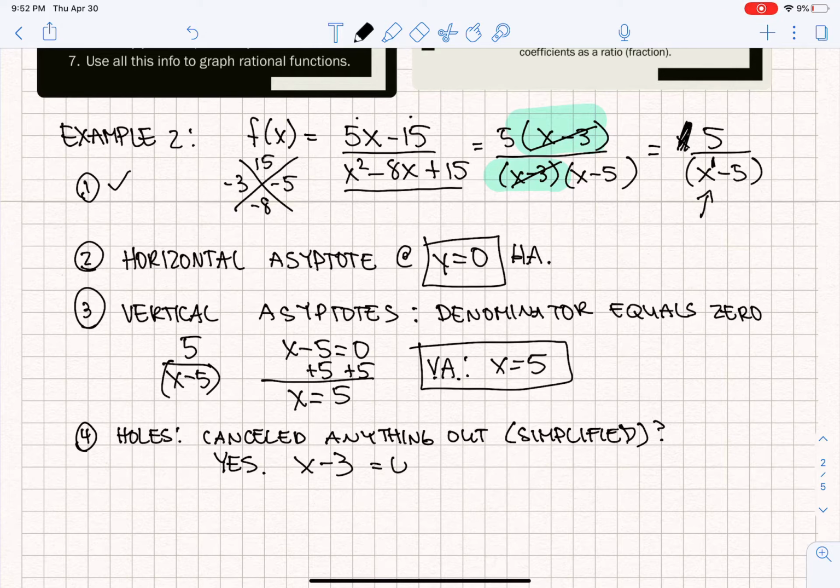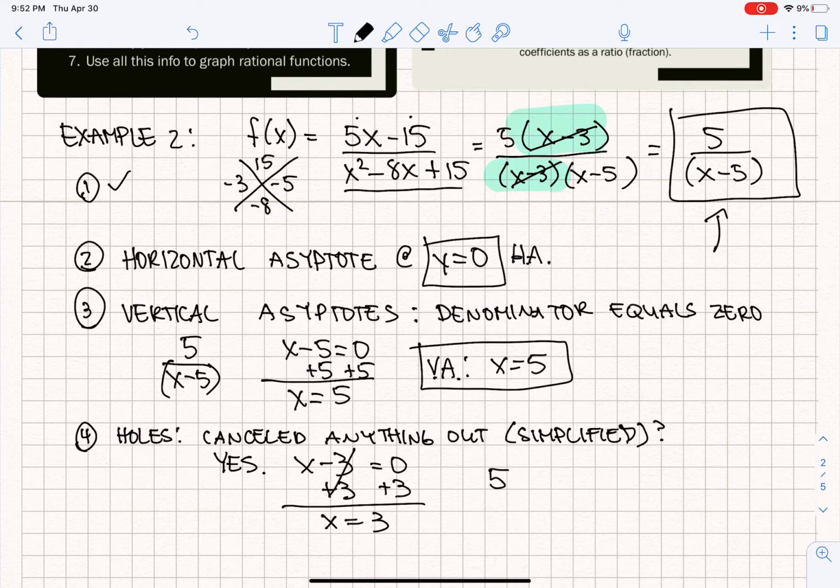All right, so if we have an x minus 3, we have to set it equal to 0 and find out where this discontinuity would be. So it's at x equals 3. I can actually plug it back in. This was our simplified form here. So I'm going to plug x into this and find out what the coordinates are for this discontinuity.